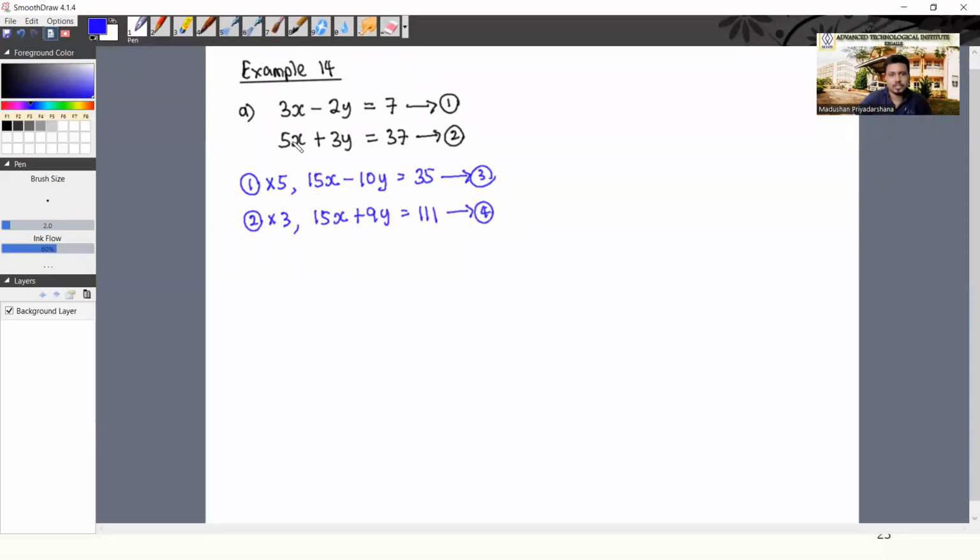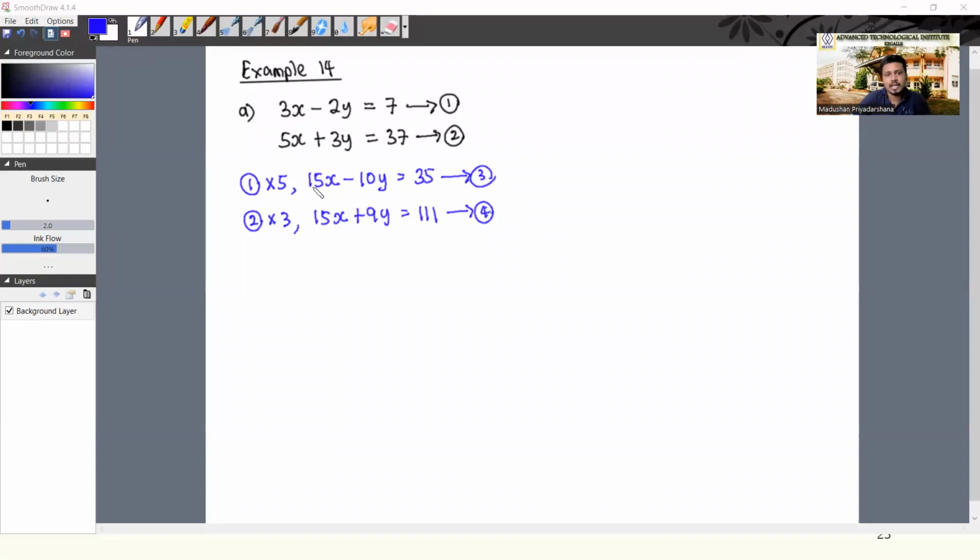Now see, through equation number 3 and equation number 4, we have made the absolute value of x equal. Now, as the next step, what we need to do? We need to eliminate x.